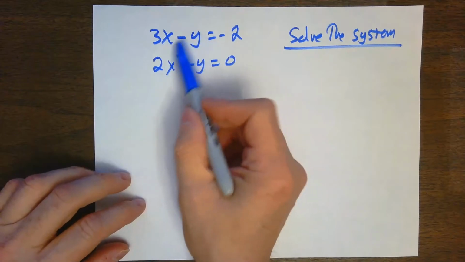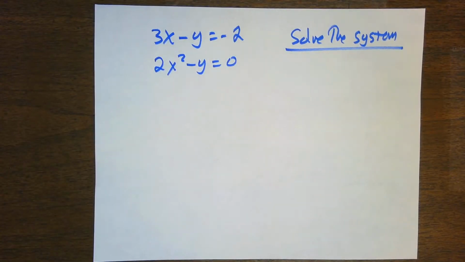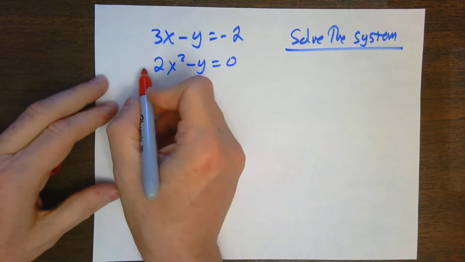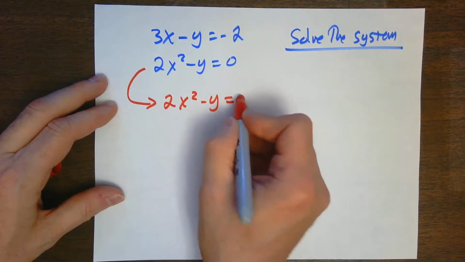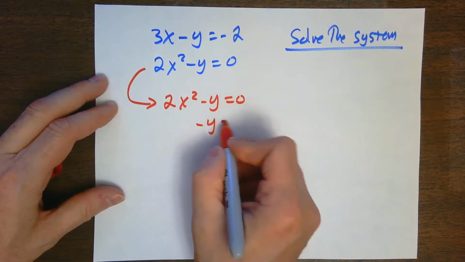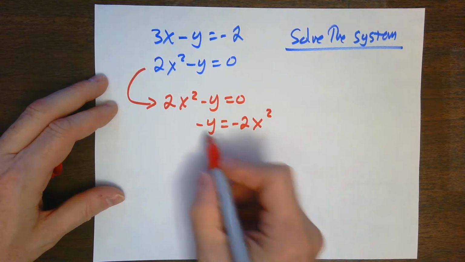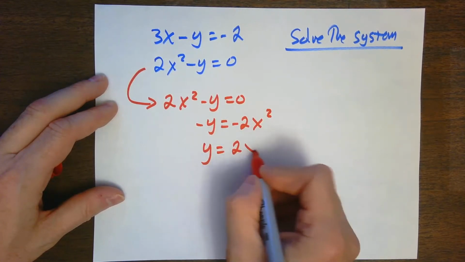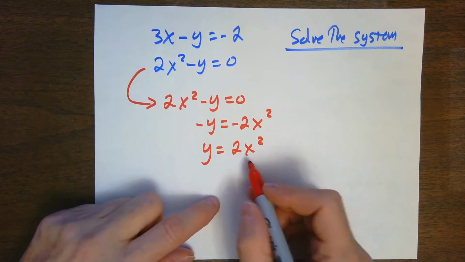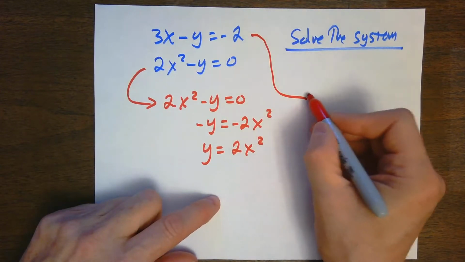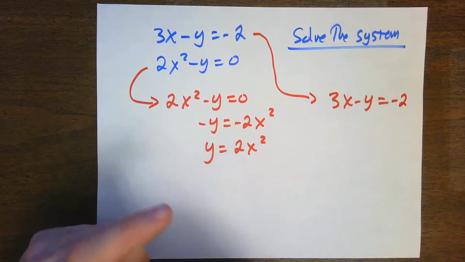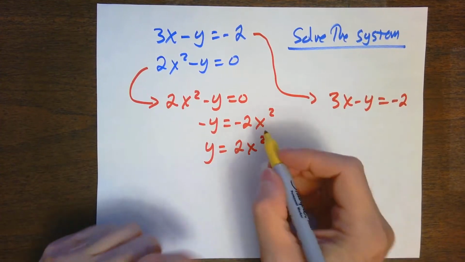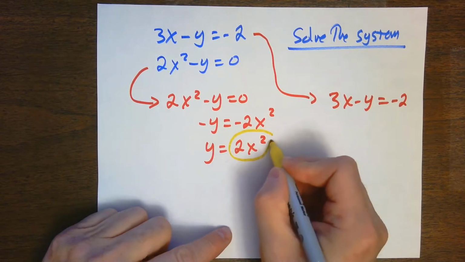So when I'm looking at solving this system, and I'm thinking about how I could solve it nice and quick and easy, I'm going to solve it by substitution. I'm going to take the parabola here, 2x squared minus y equals 0, subtract the 2x squared from both sides, divide by negative, and I get y equals 2x squared. Now I'm going to take the line, which is 3x minus y equals negative 2, and I know what y is. y is 2x squared.